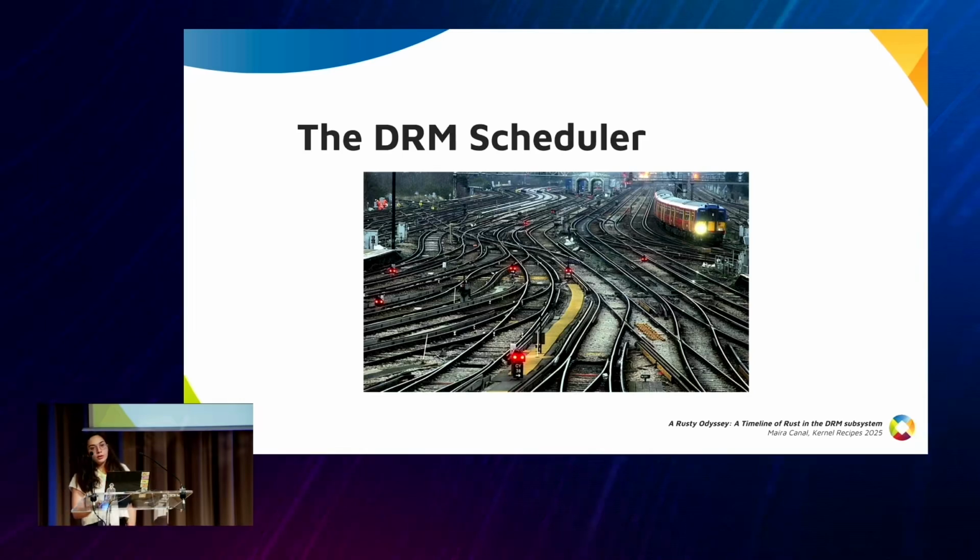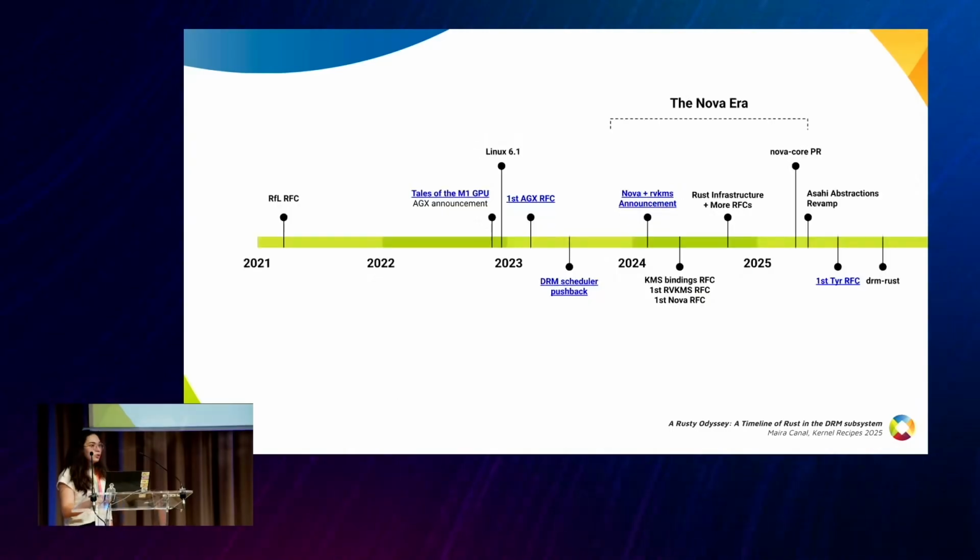But I think that in the end, different people ended up joining the Rust for Linux project, and we started to work and try different approaches to collaborate with the community and try to get consensus to merge code, which I think leads us to the Nova era.